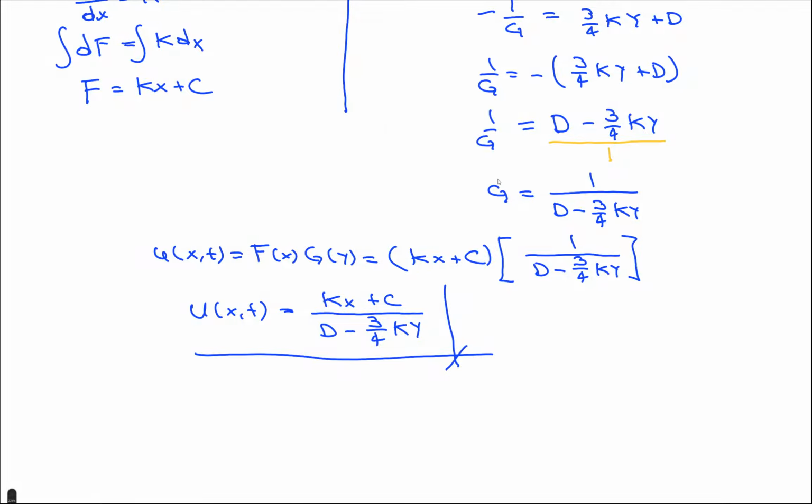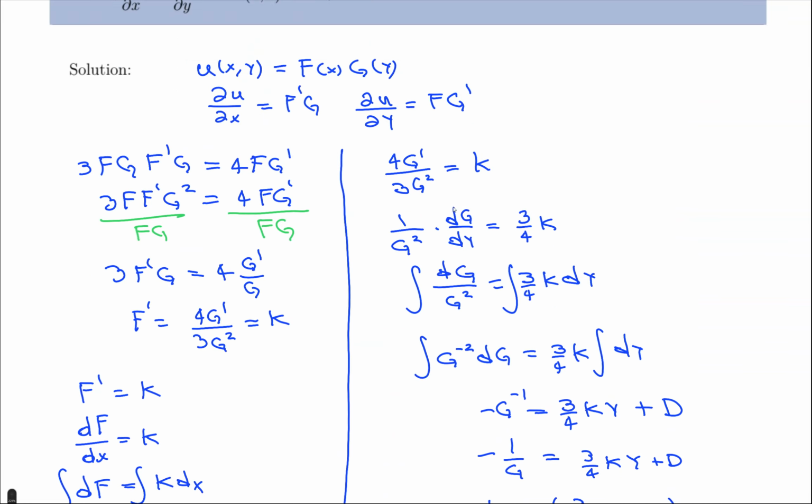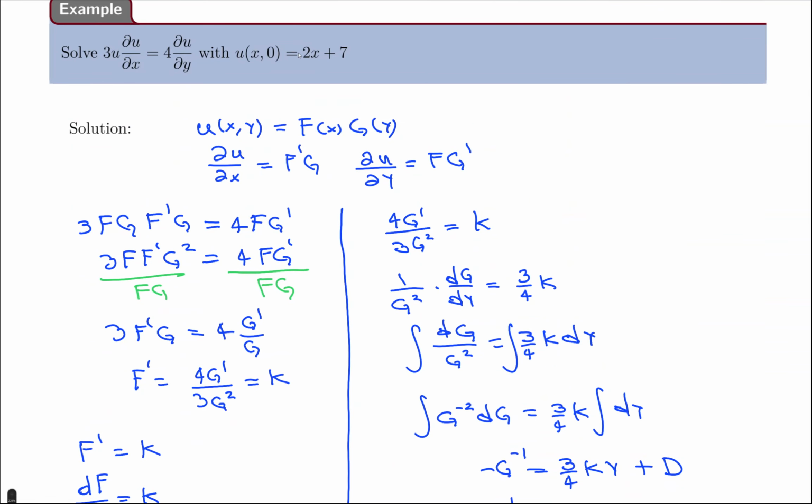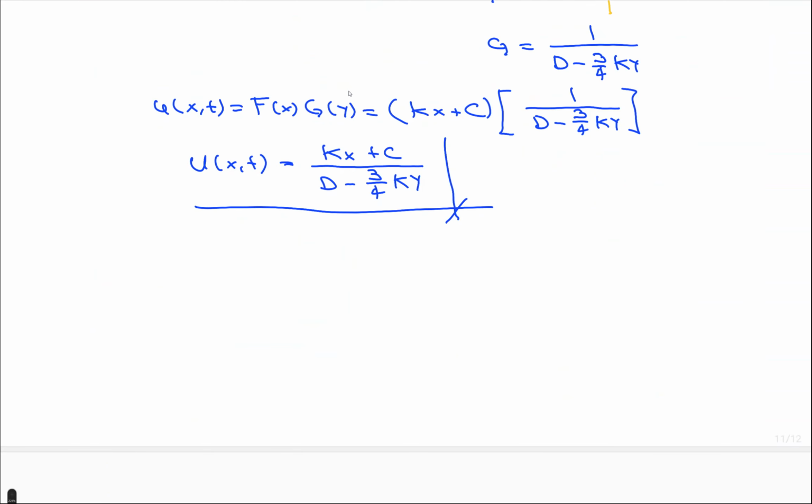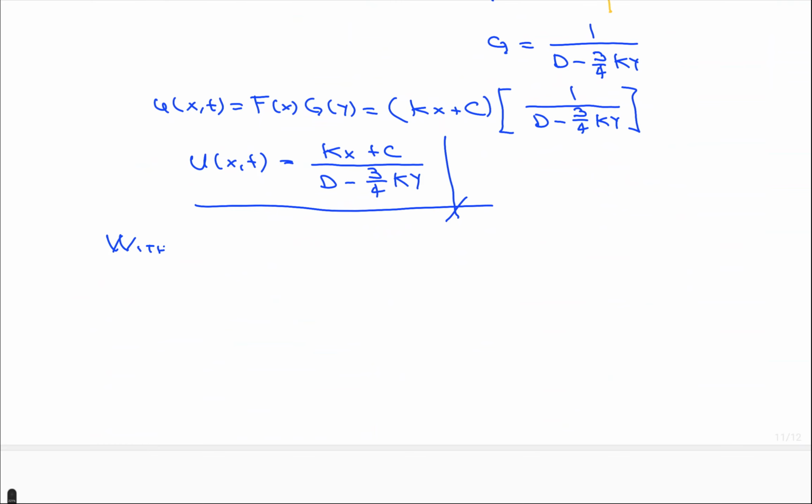At this point, let's go ahead and use the initial condition, that is, u of x0 equals 2x plus 7. That means we're going to evaluate u of x0 in the general solution, that is not t, y. Evaluate, or replace y with 0.